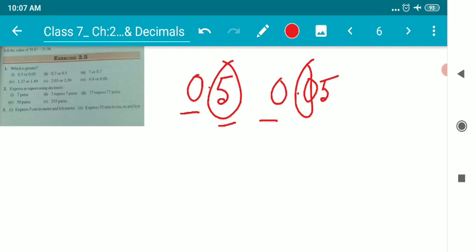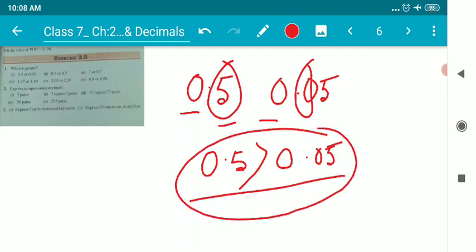I'll not look here and there. I'll simply say that 0.5 is greater than 0.05. All right. So once we get this value, we'll just stop. Means the answer is 0.5 is greater than 0.05.